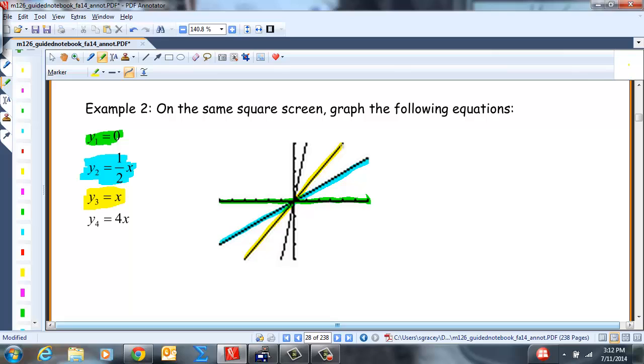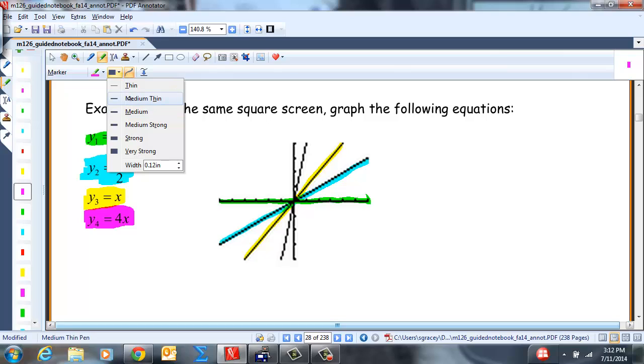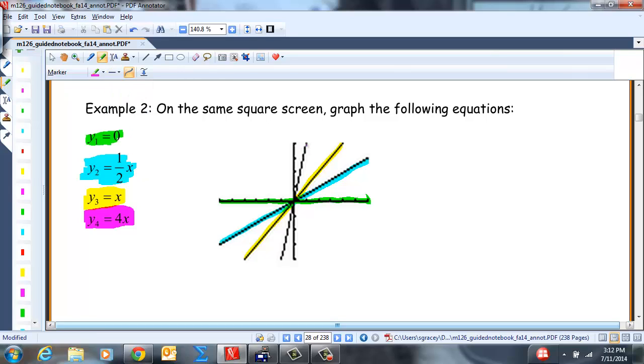And it cuts through that first and third quadrant. And lastly, if we take a look at this one, y4, we end up with a steeper slope. Do you see that? I certainly wouldn't want to be climbing up this staircase on a regular basis. Right there.